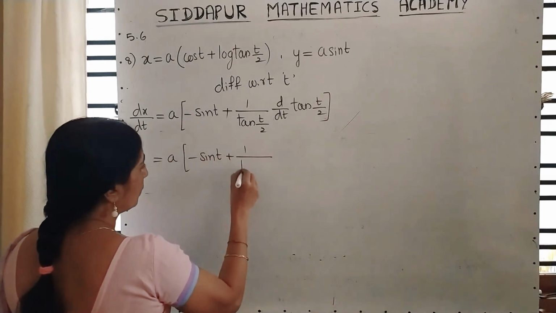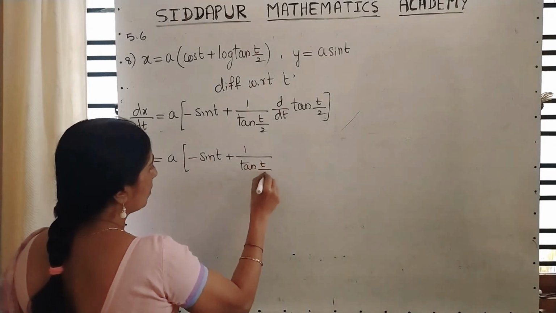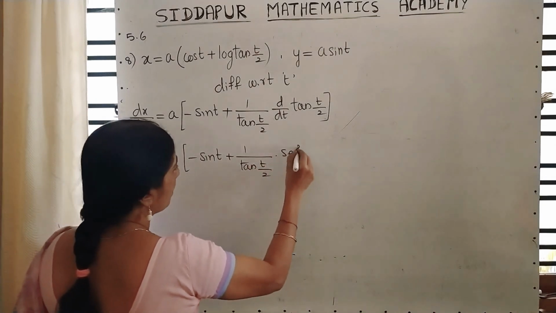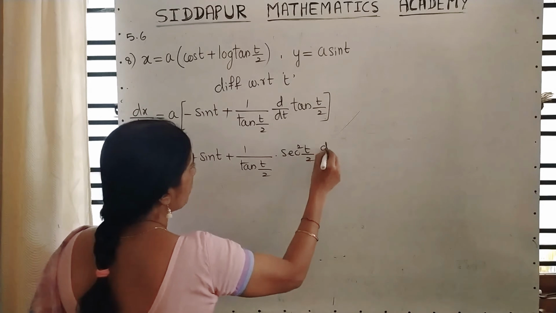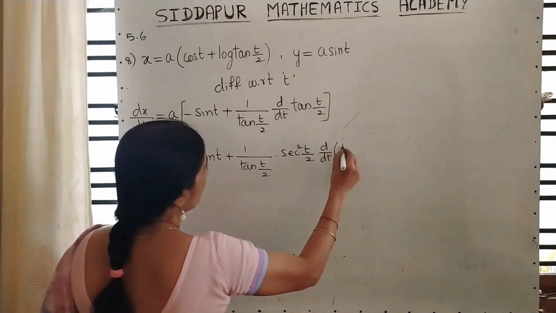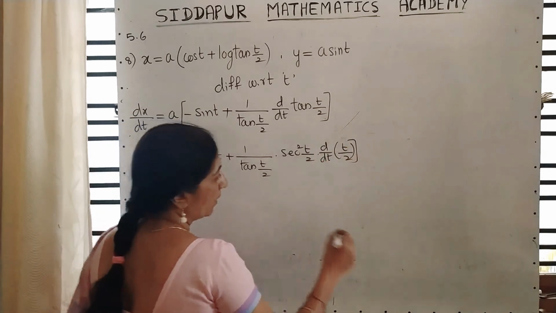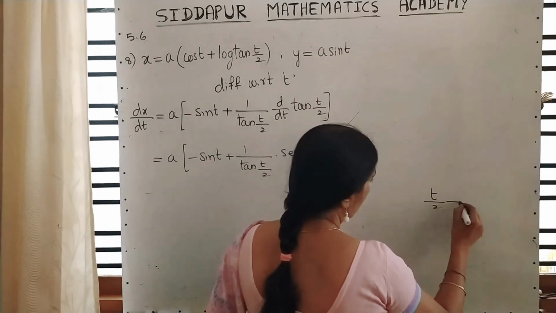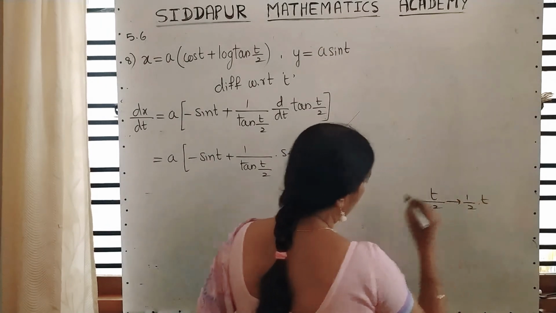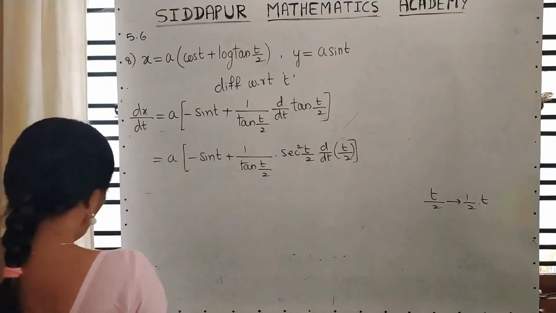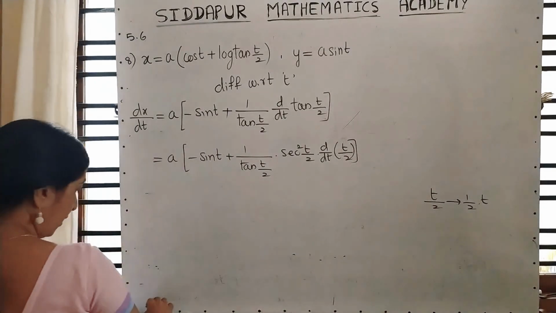Differentiation of tan is secant square t by 2 into differentiation of t by 2. And you know that t by 2 is nothing but 1 by 2 into t: 1 by 2 constant and differentiation of t is 1.